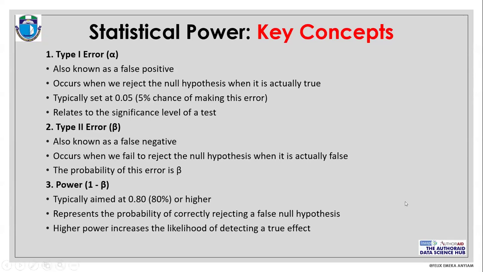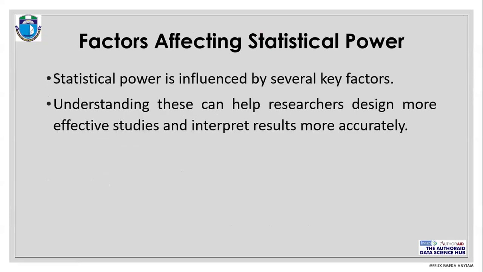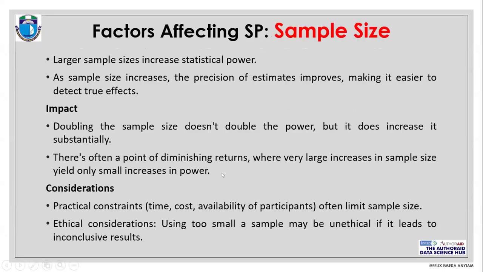All right, so let's progress because of our time. These are some of the factors that will affect power. The first one, the sample size, and I've mentioned the sample size aspect a lot.